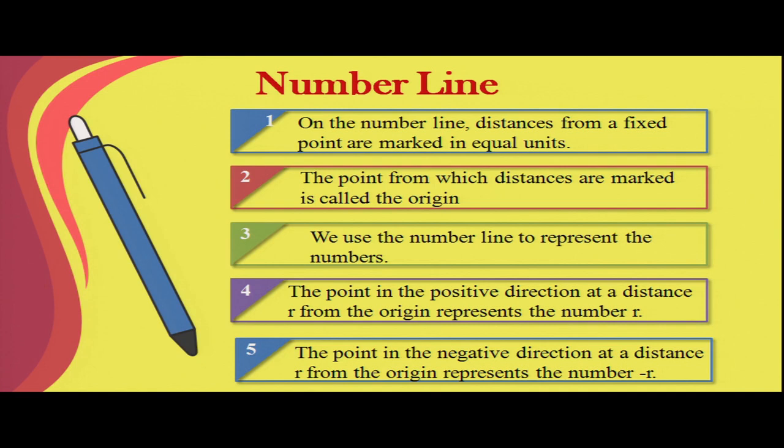If 1 unit distance represents the number 1, then 5 units distance represents the number 5, 0 being the origin. The point in the positive direction at a distance r from the origin represents the number r. The point in the negative direction at a distance r from the origin represents the number minus r.